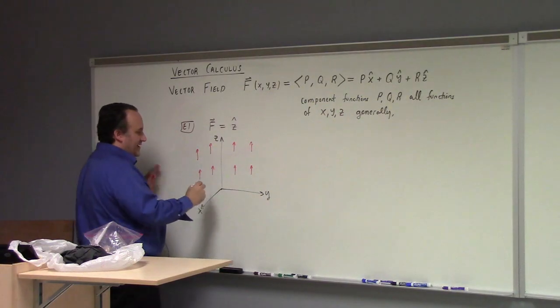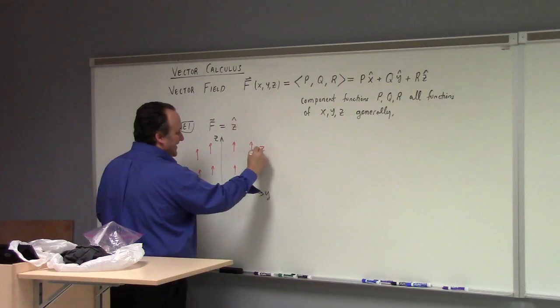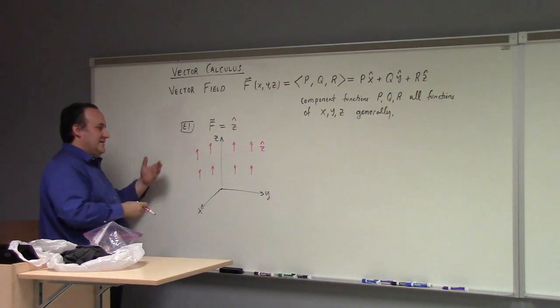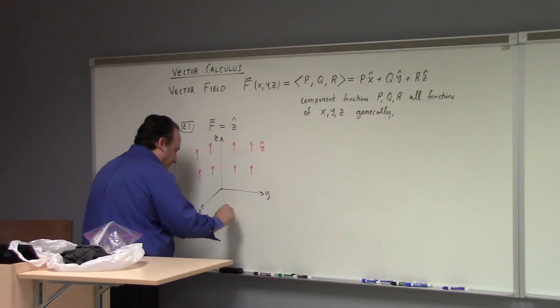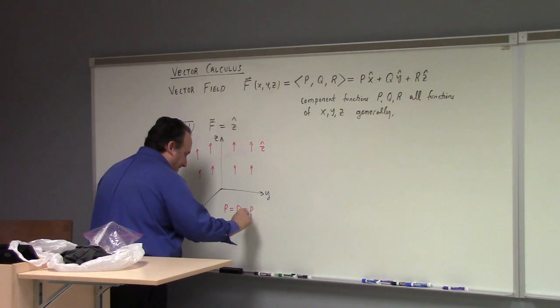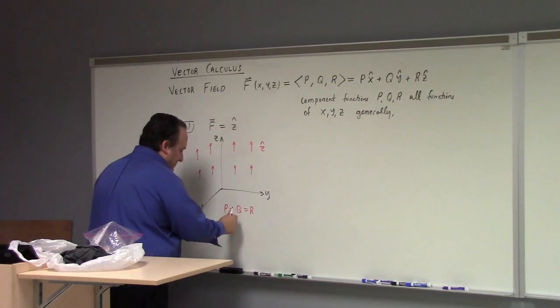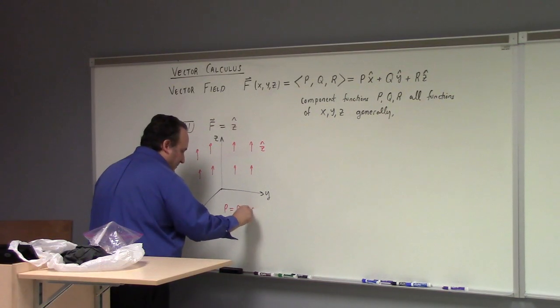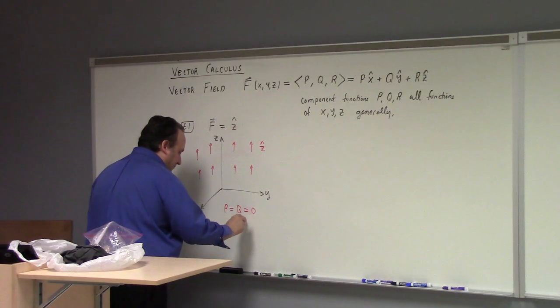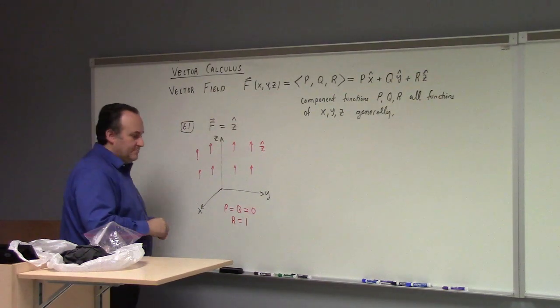How many of these do you need to draw? I don't know, but they're all z hat. So that's a constant vector field. In this case, P, Q, and R are what? Oh, my bad. P and Q are 0, and R is equal to 1. So it's a kind of boring example.